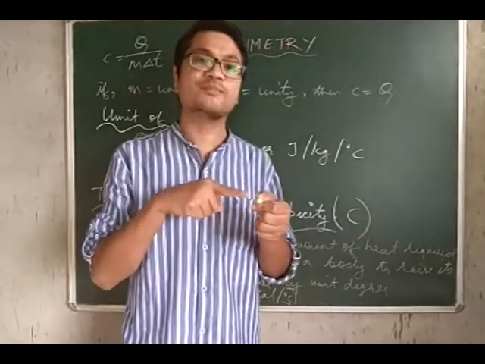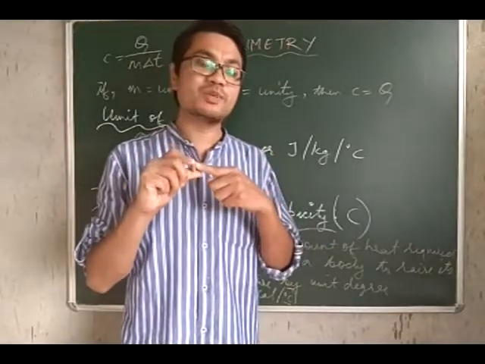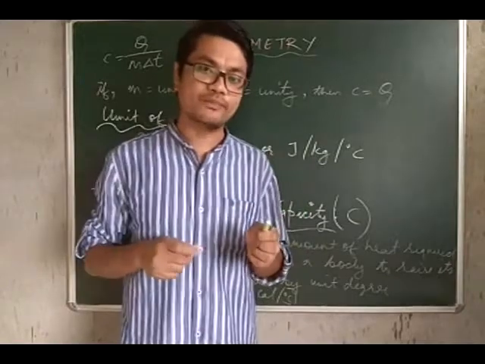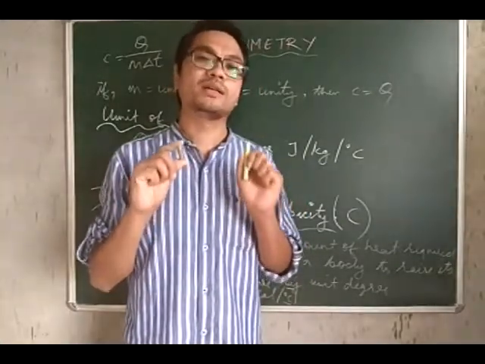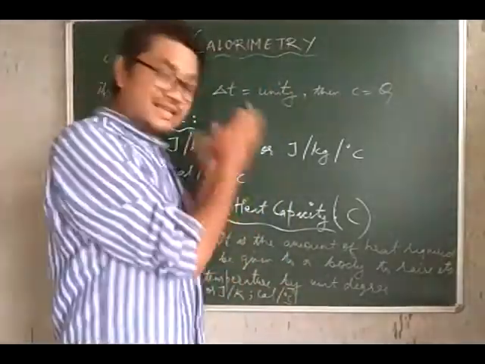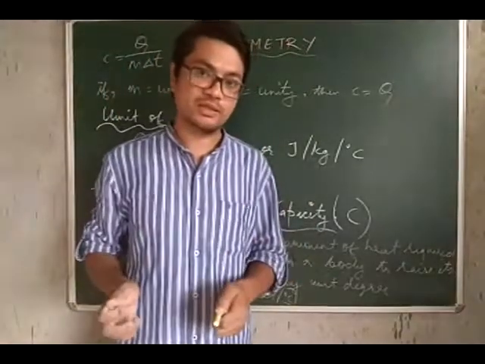Why? Because it has more mass. Whereas this has lesser mass, therefore to raise its temperature by a unit degree, I need to provide lesser amount of heat compared to this. Okay, whereas their specific heat capacity will be the same.